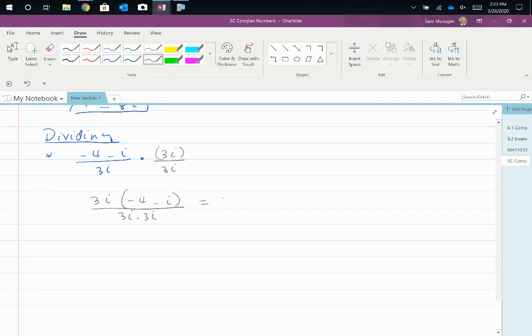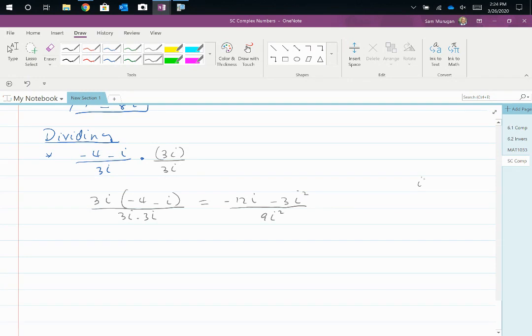Distributing the numerator, we have negative 12i minus 3i squared over 9i squared. Now, we have to go ahead and work on simplifying this.